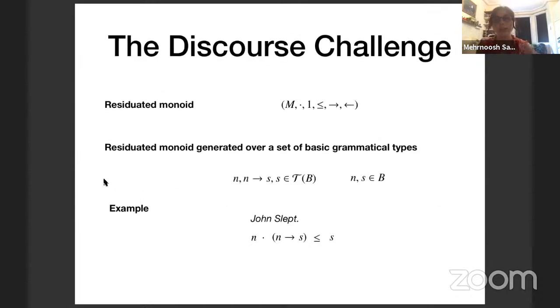Okay, so I'll start with the NLP applications, and I want to motivate something which we've called the Discourse Challenge. The idea is that you want to reason about natural language without taking discourse into account, so you have separate, isolated sentences, and you want to develop an automatic procedure that will tell you if these sentences, firstly, are grammatical, and secondly, based on their grammatical structure, develop a vector representation for their semantics, for their meaning.